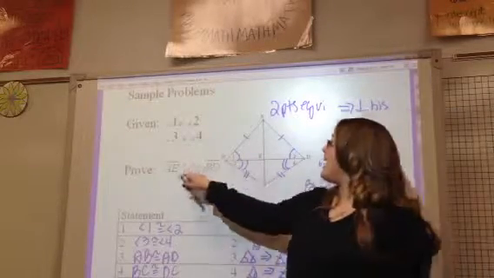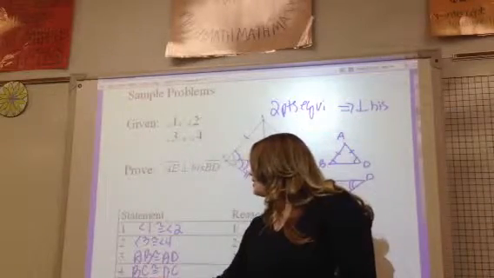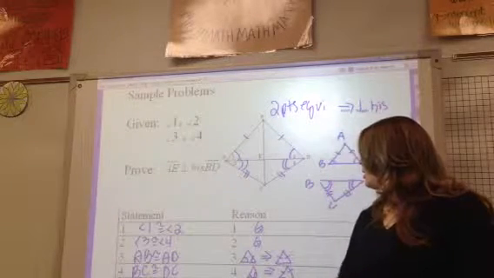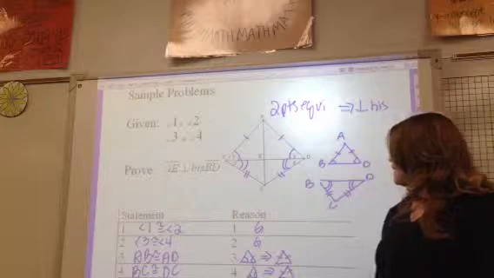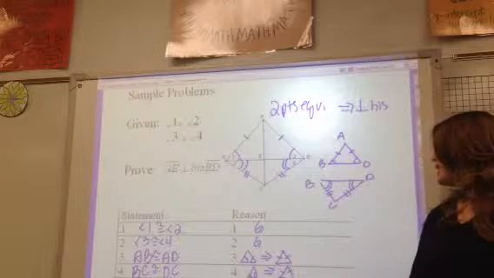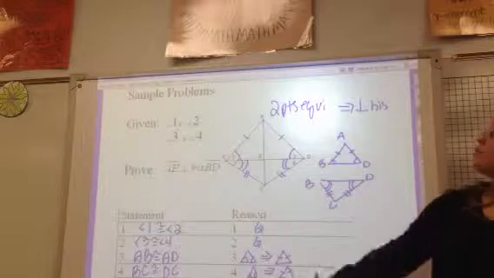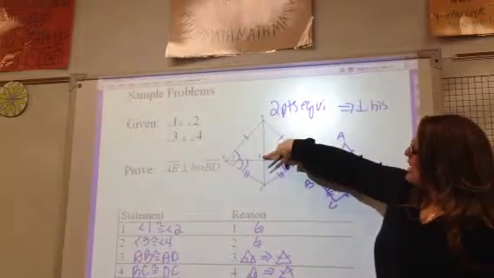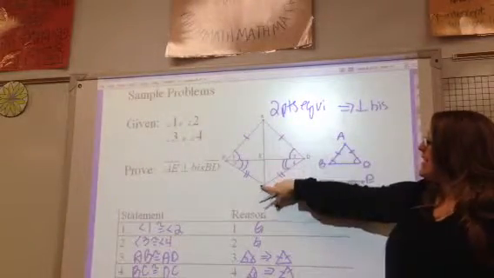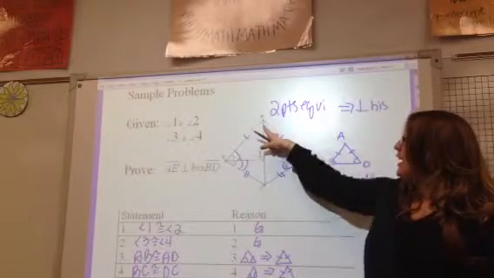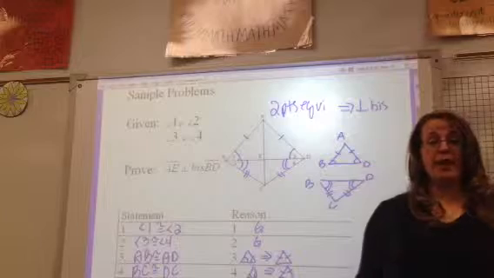Now I can say that AE is a perpendicular bisector. Two points, equidistant, implies perpendicular bisector. It wouldn't have mattered if we would have said AE or AC, or if I had another point on there. Okay, that whole thing is your perpendicular bisector.